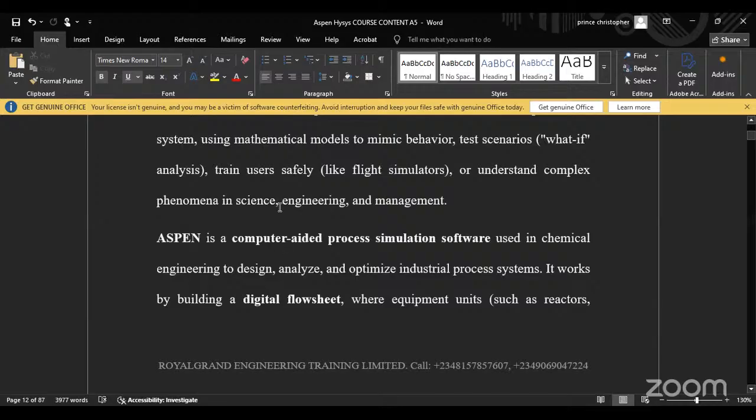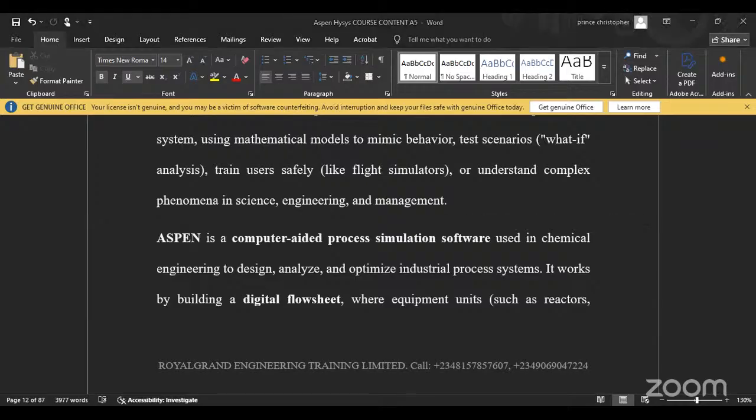So what a simulation software does, with the help of some mathematical models, is let us use our laptop or system and run these programs to see how this is going to run in real life.